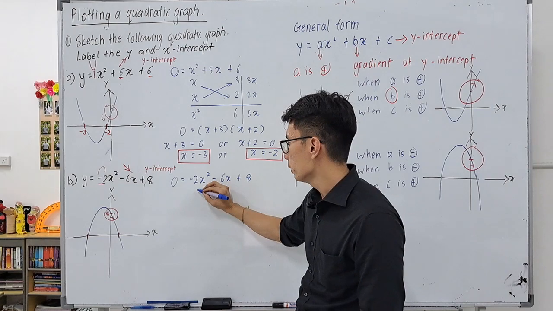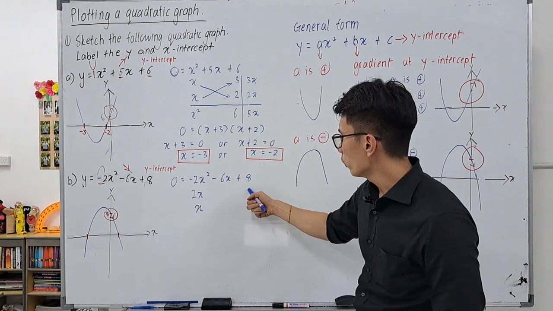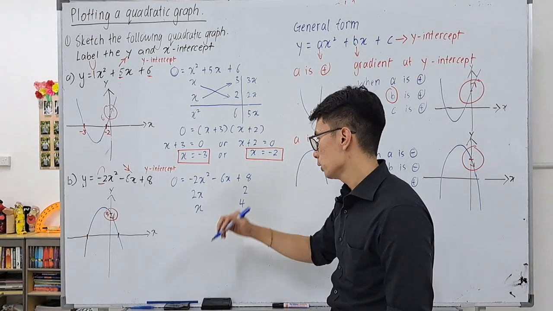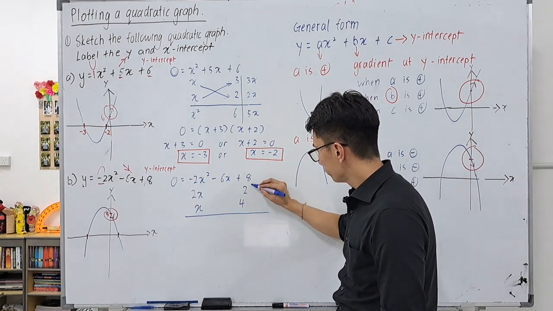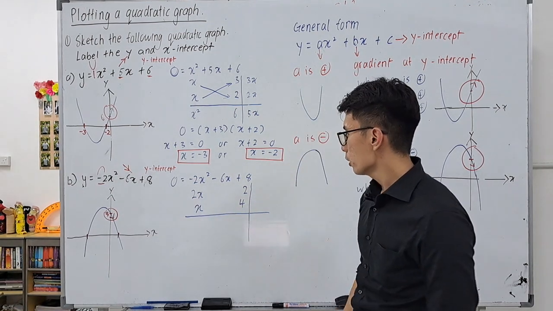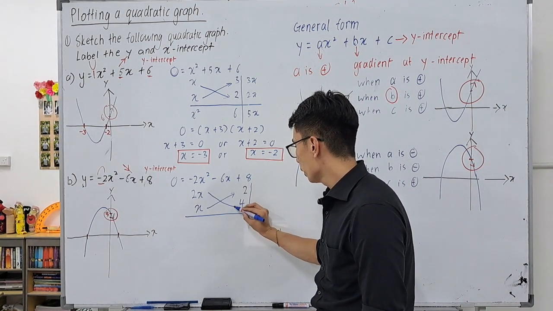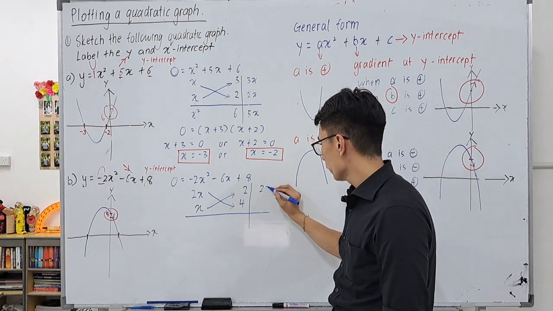So let's see what's going to happen. So I will get 2x and x, and over here 2 and 4. Let's see what's going to happen now. Okay, so I will cross multiply. This multiplied with this will give me 2x.